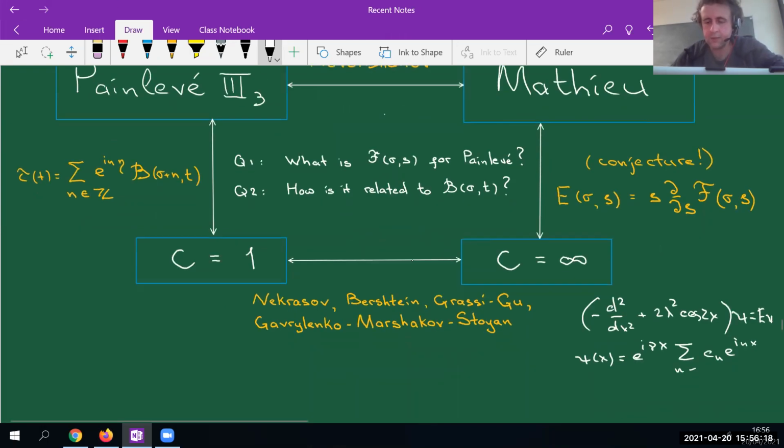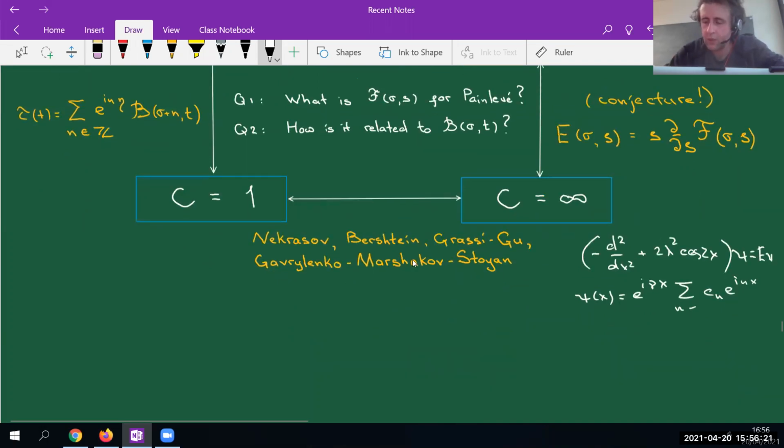So something like this. And we had the following question. We wanted to have the energy as a function of lambda, the coupling constant in the potential, and mu, which is the monodromy parameter.